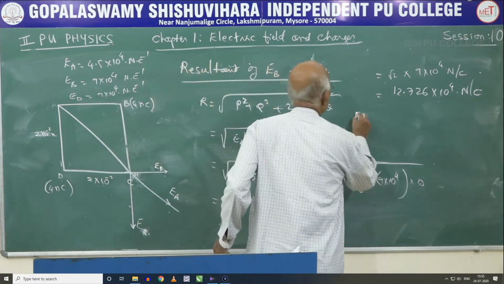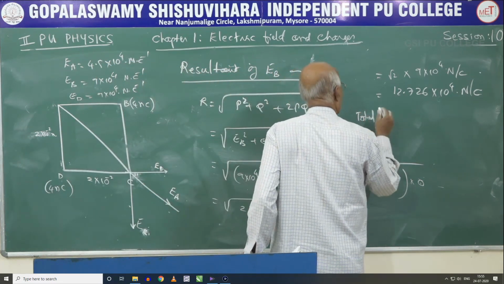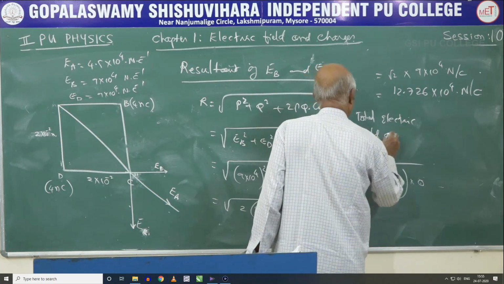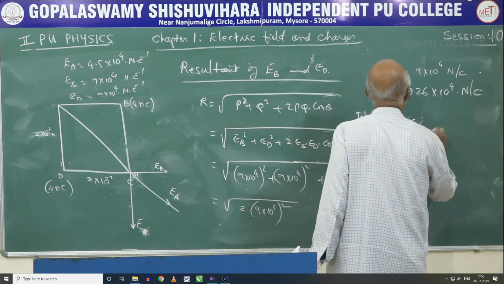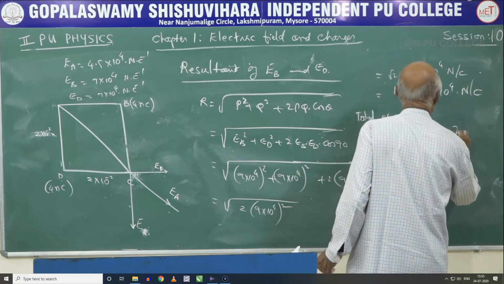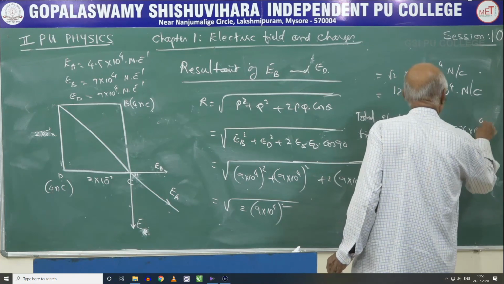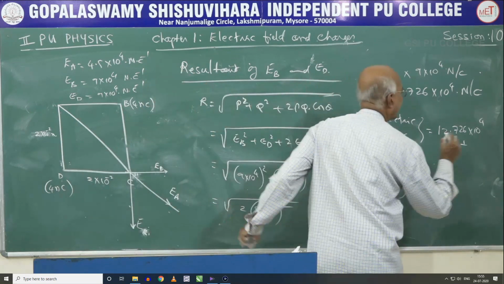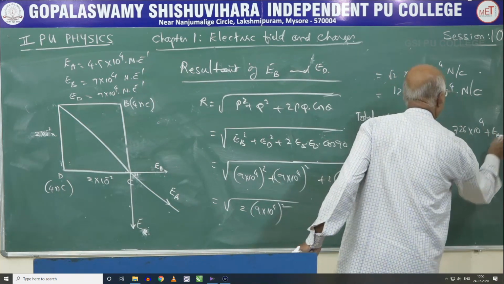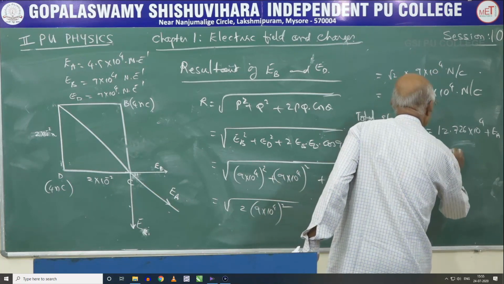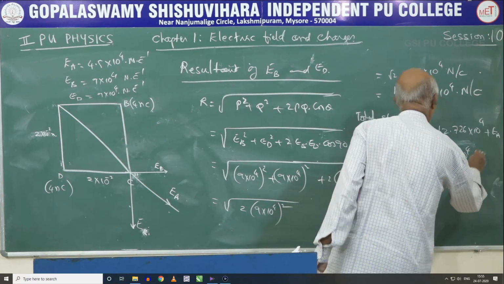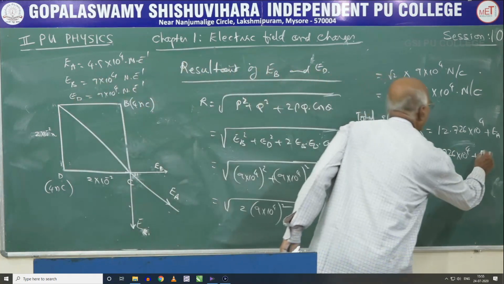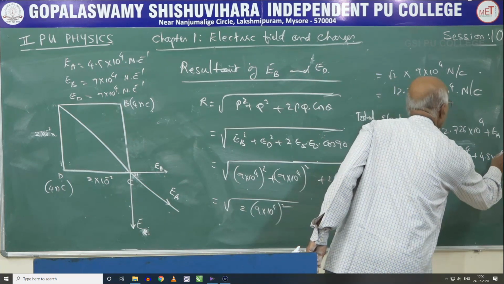Then now, total electric field at C is equal to 12.726 into 10 to the power of 4 plus E of A, since we have got the resultant and this should be added with E of A. E of A we have calculated is equal to 4.5 into 10 to the power of 4.